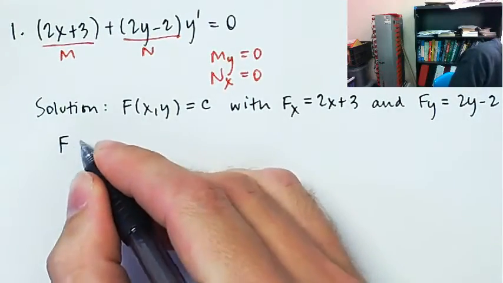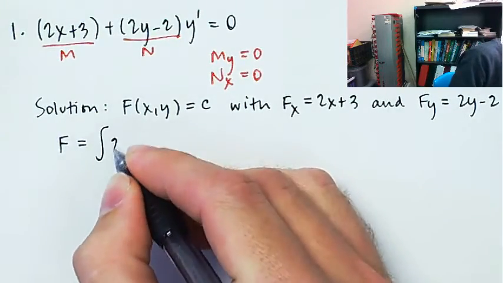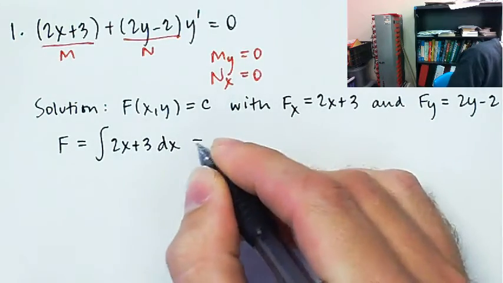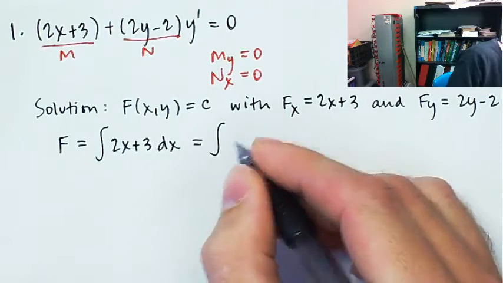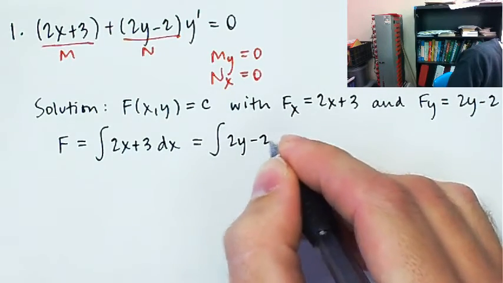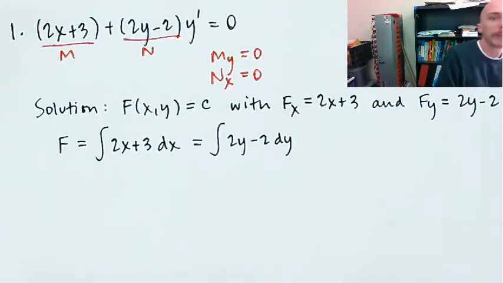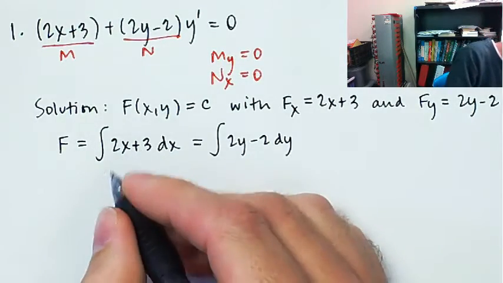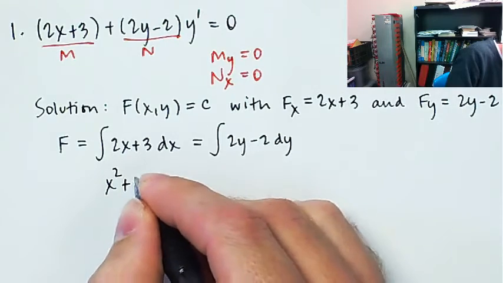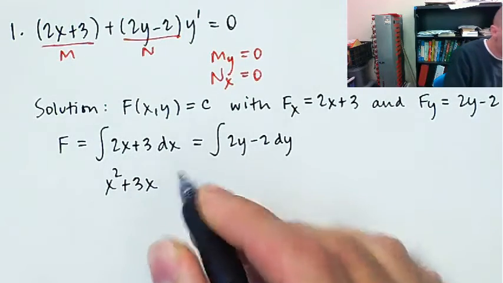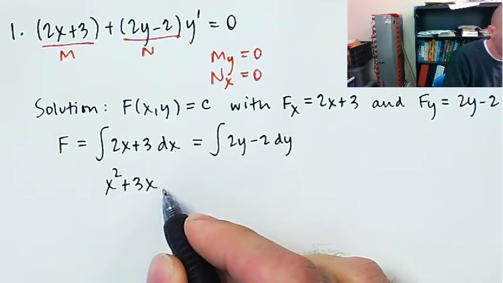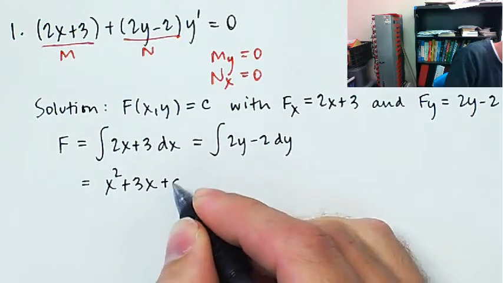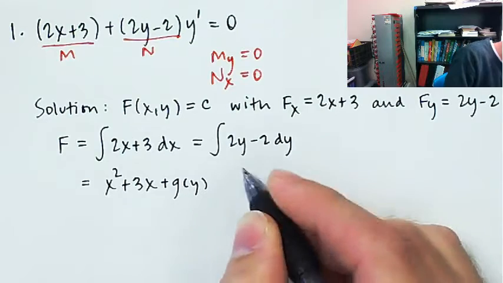I'll say f on one hand is equal to an antiderivative of 2x plus 3 with respect to x, and it's also equal to an antiderivative of 2y minus 2 with respect to y. Anti-differentiating with respect to x gives x squared plus 3x, plus maybe some function that depends only on y, which I'll call g of y.